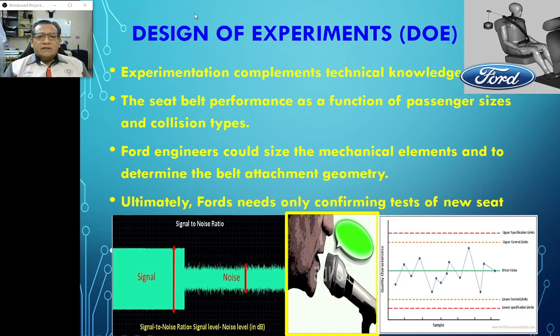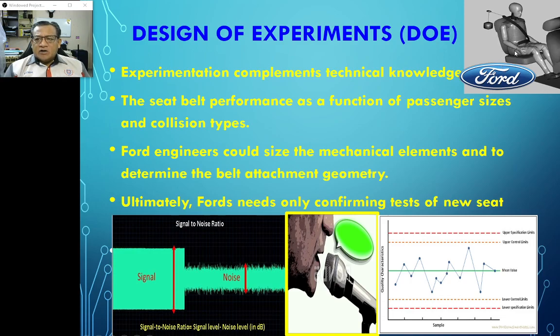However, in order to achieve the design of experiment, you need to combine both the technical knowledge and the experimentation data, right? So the seatbelt performance is a function of passenger size and the type of collision.